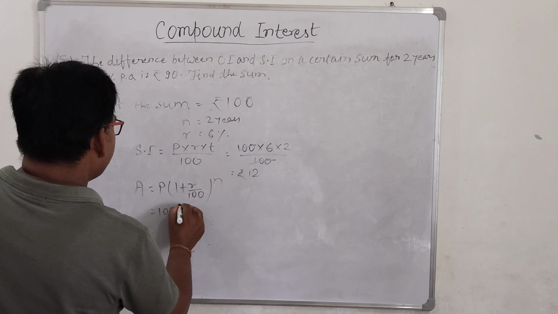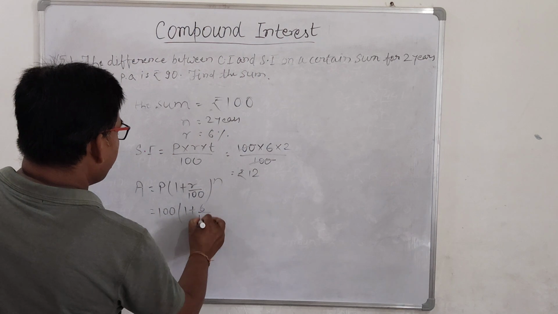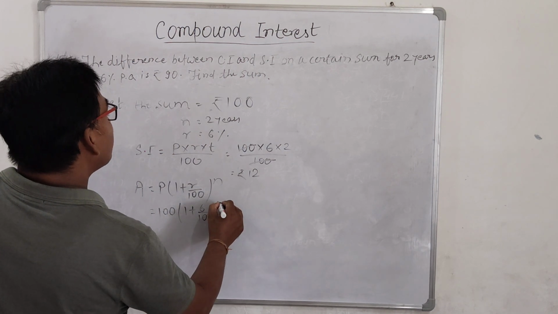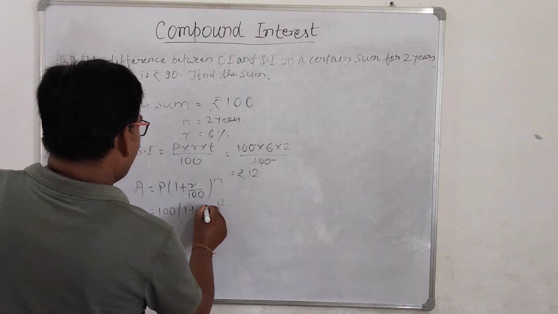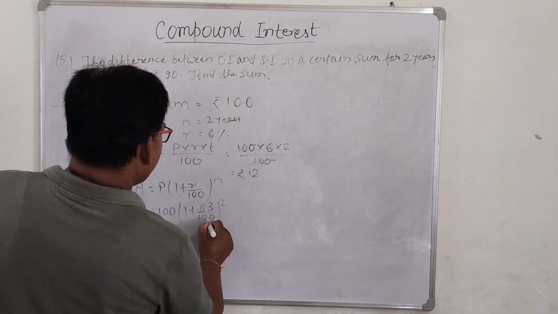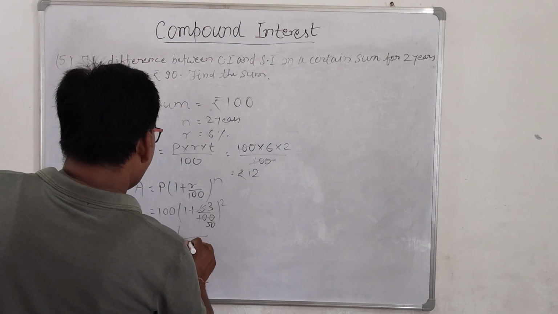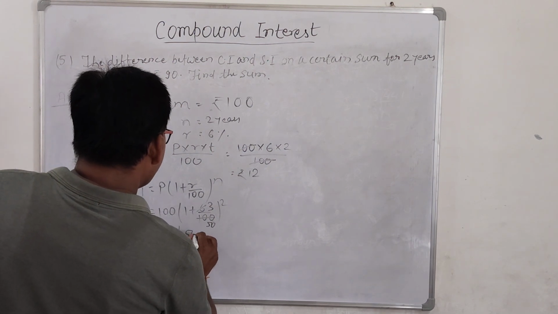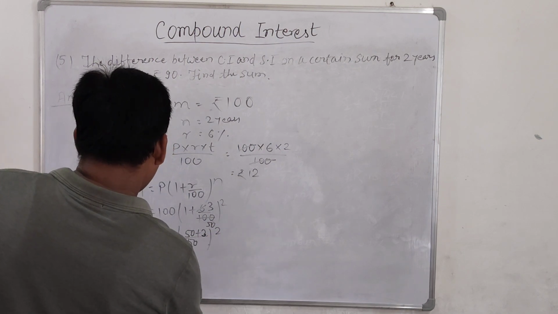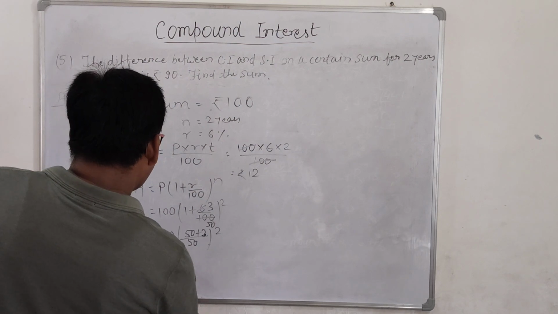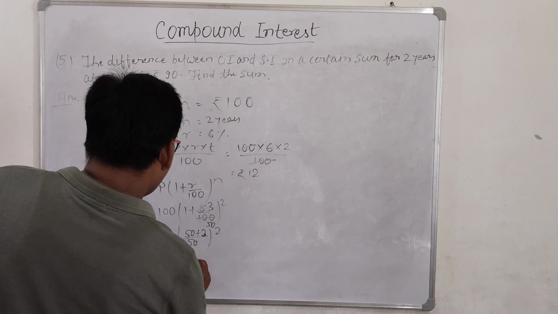P is equal to 100, R here is 6%, so 1 plus 6 by 100, to the power 2. 6 by 100 is 3 by 50, so 100 multiplied by (50 plus 3 upon 50) whole square.